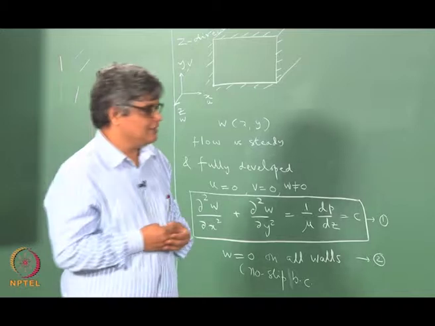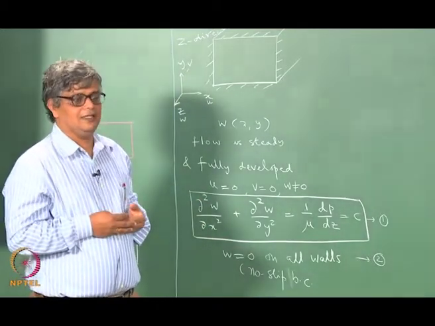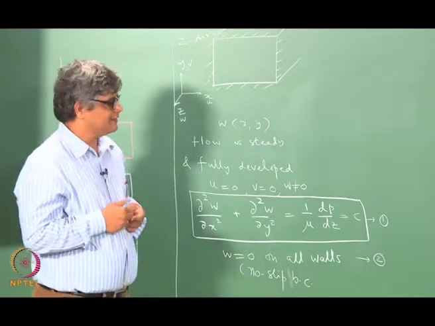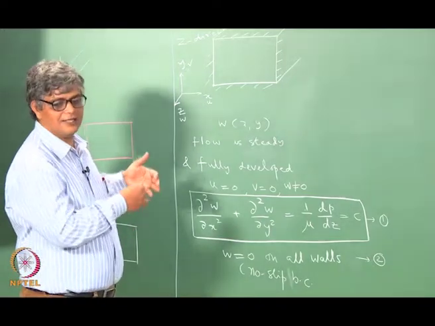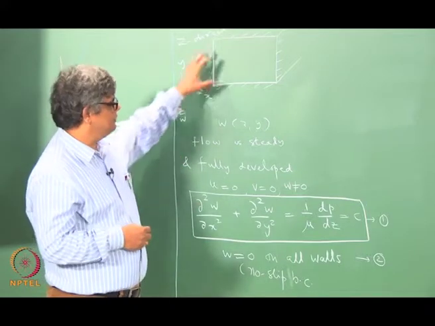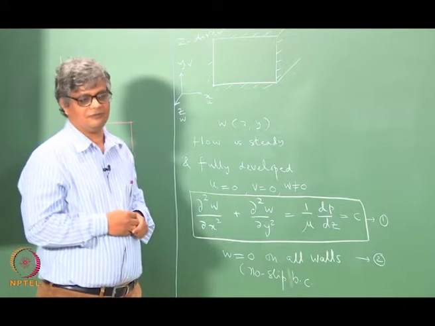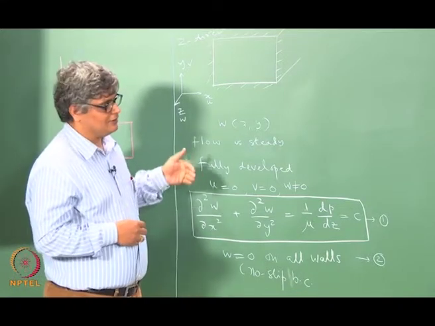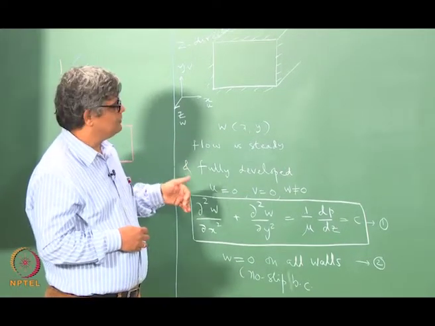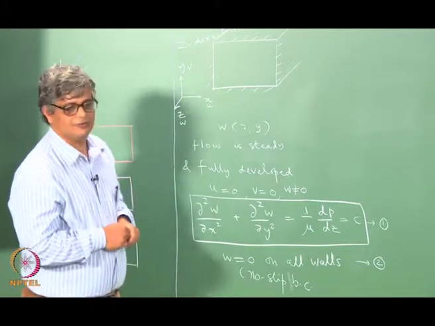So, the idea is that we will make approximations, but it is possible for us to control the error contained in these approximations to some extent. Therefore, if we make sure that the error is small, we can get an approximate solution to this problem, which will be sufficient for many of our engineering purposes. So, with that kind of restriction and assumption on what CFD can do, we will go ahead and try to solve this problem in the CFD way.